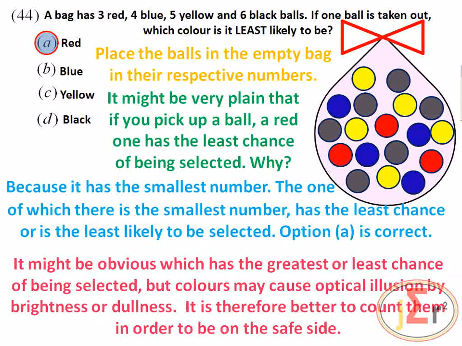So it is important that we make sure that we know the number of each, and the number is given to us in the statement of the problem, so we are sure that the one with the least number is the one that is the least likely of being selected.